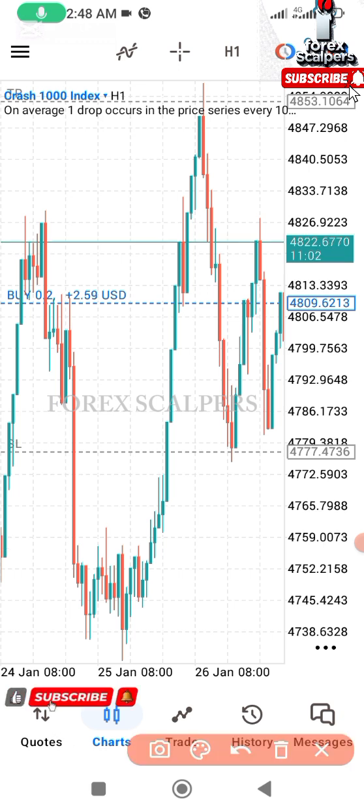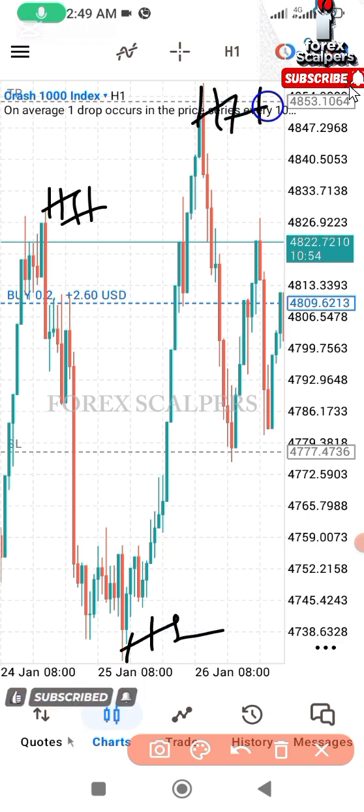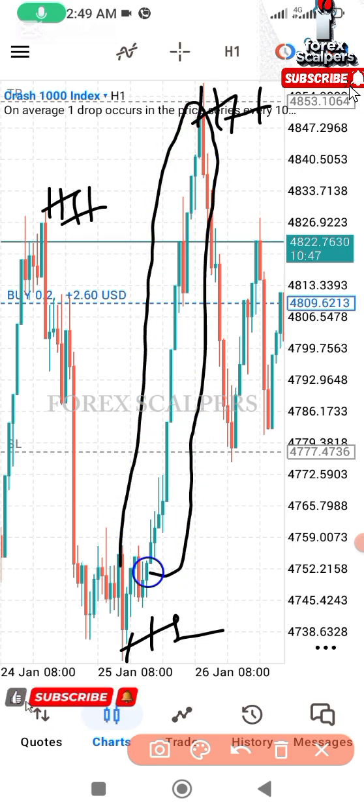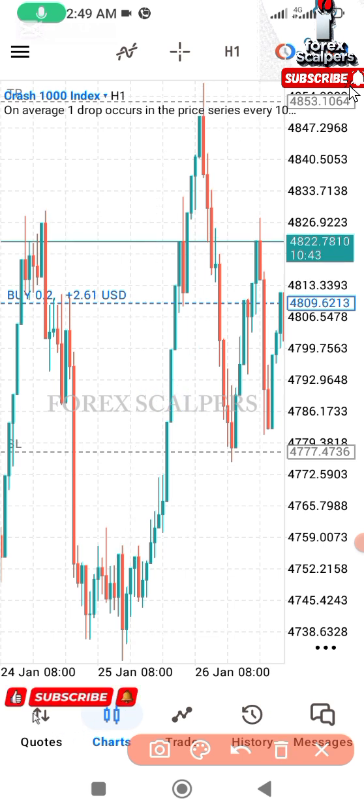So now we have this higher high, this higher low, and then this new higher high. So this is the last structural movement. In this movement here is where we want to identify our point of interest.